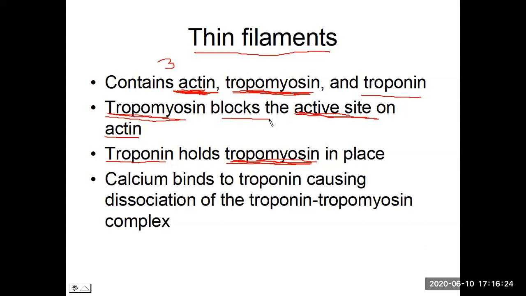So the way to remove each of these is with calcium. So calcium directly interacts with the troponin. So this no longer holds the tropomyosin in place. The tropomyosin can now be released to expose the active sites on actin. So calcium is the source of removing both of these 2 proteins here.